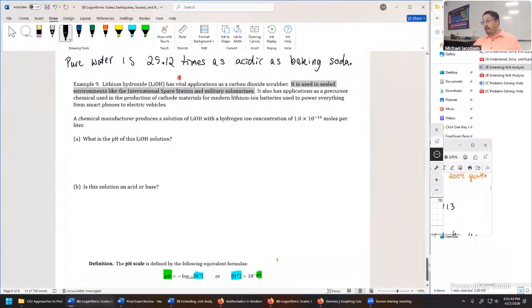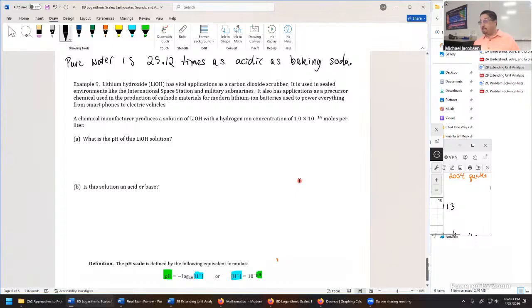So it's a very important chemical. Lately, it's a precursor chemical used in the production of cathode materials for modern lithium ion batteries. That's in just about everything: smartphones, wireless headphones, electric cars, and so on. So finding lithium hydroxide, mining this stuff, has become some of the biggest business of all time in 2026.